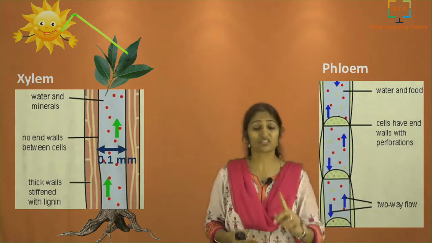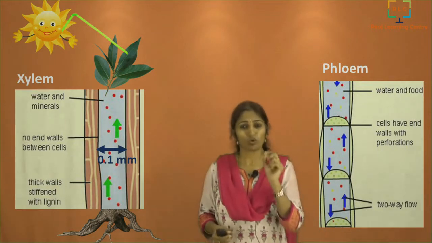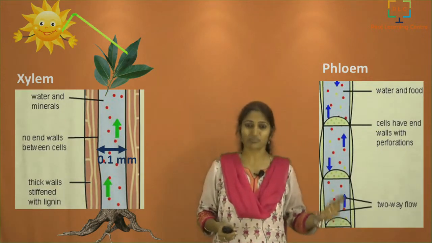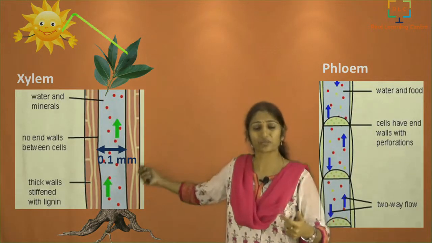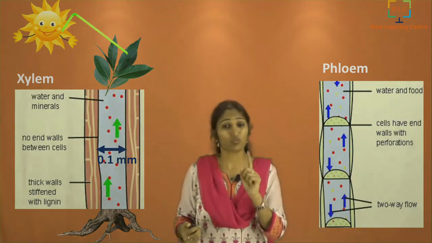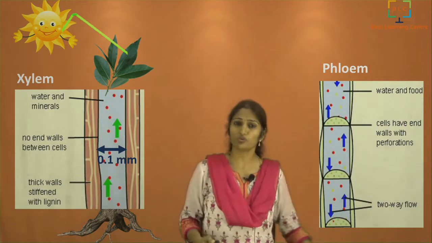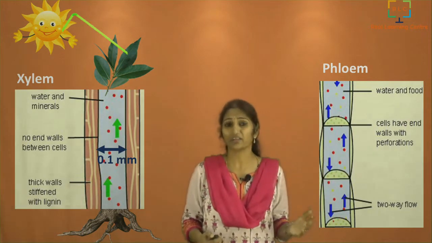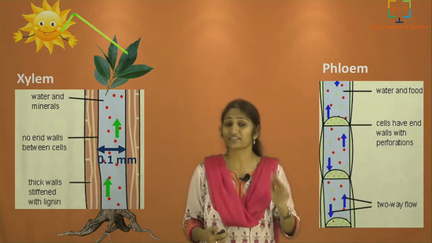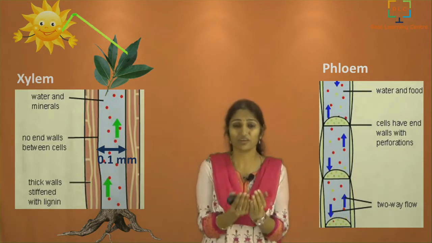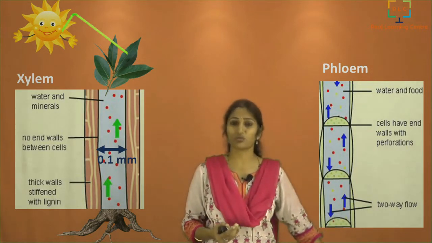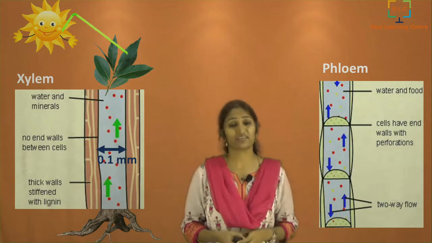But let us just now remember that it's only because of the stem structure and the presence of xylem that the water can reach almost 100 meters in height and the plants can survive. They can rely on the water from the underground soil and they can survive.